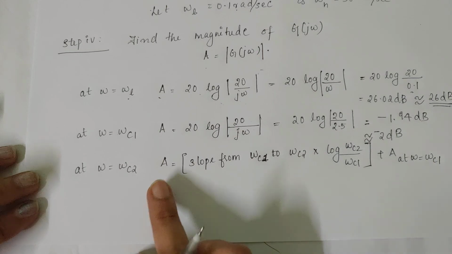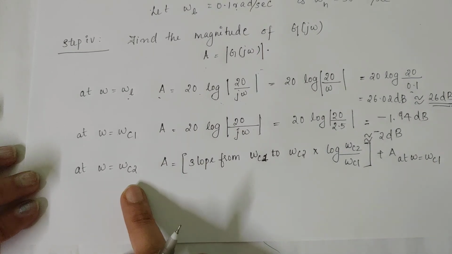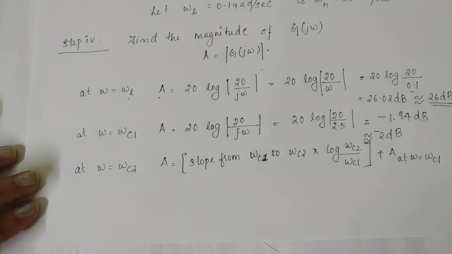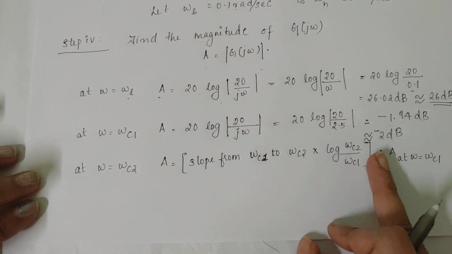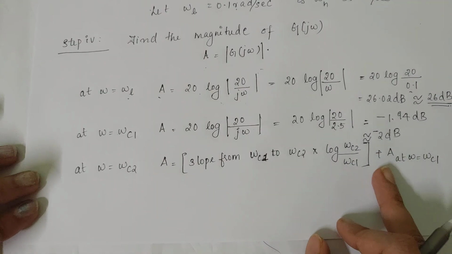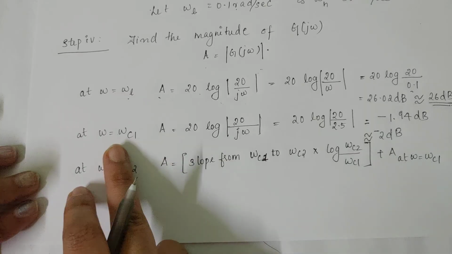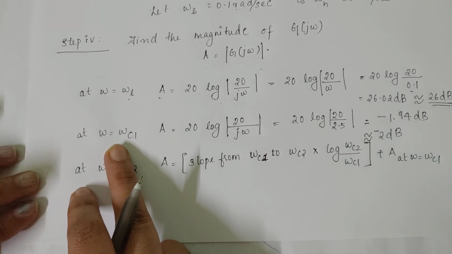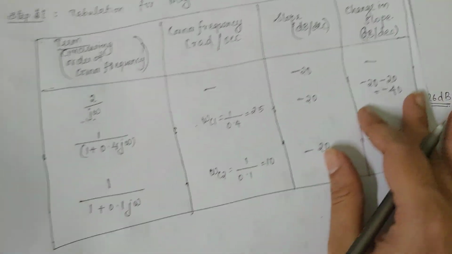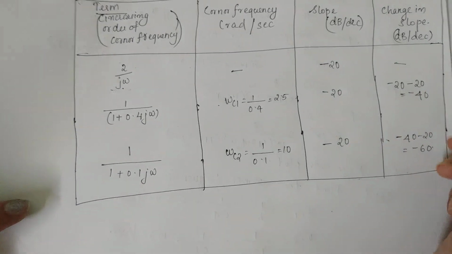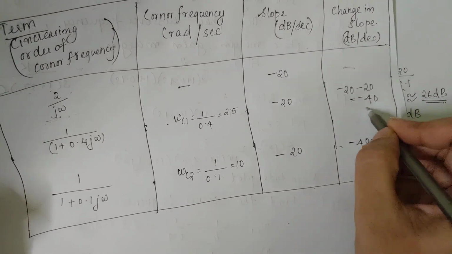Okay. So, for omega is equal to omega C2, the equation is A is equal to the change in slope from omega C1 to omega C2 into log omega C2 by omega C1 plus A at omega is equal to omega C1. So, here my first change in slope is minus 40.